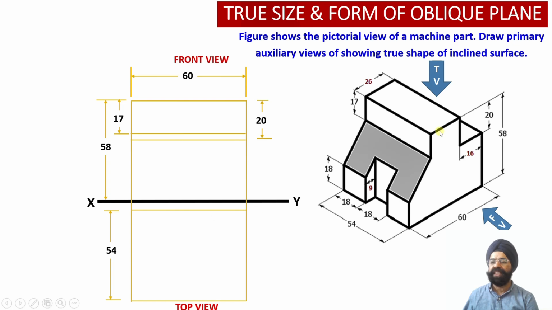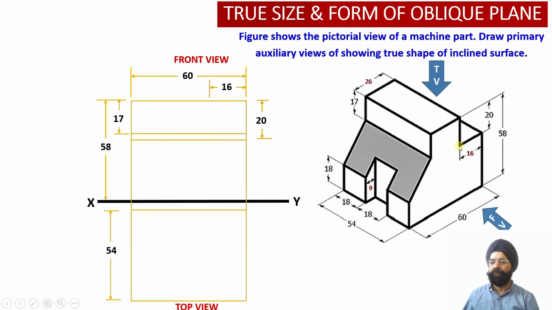So both these vertical elements are not equal; the heights are going to be different. So 20 millimeter we have measured from the top, and another horizontal projection line is drawn corresponding to this height of 20 millimeter from the top.